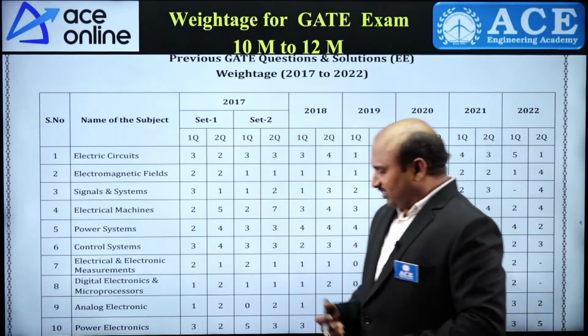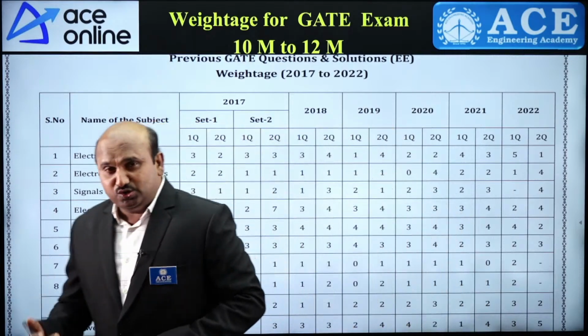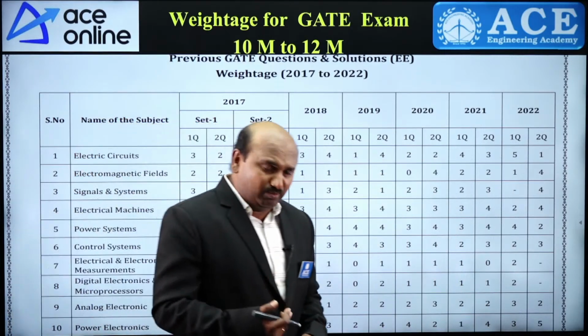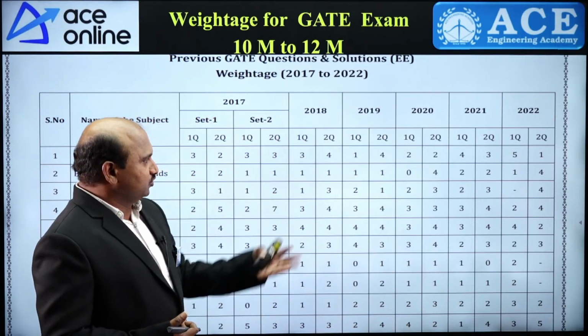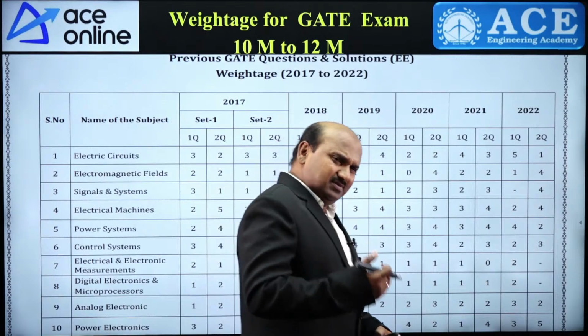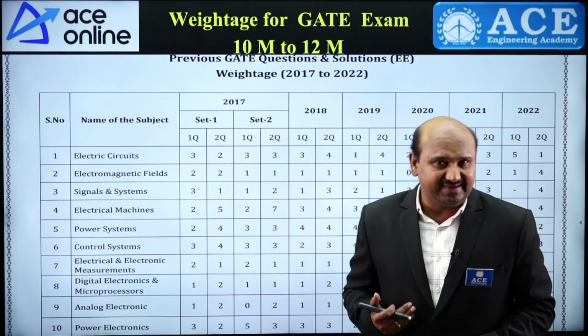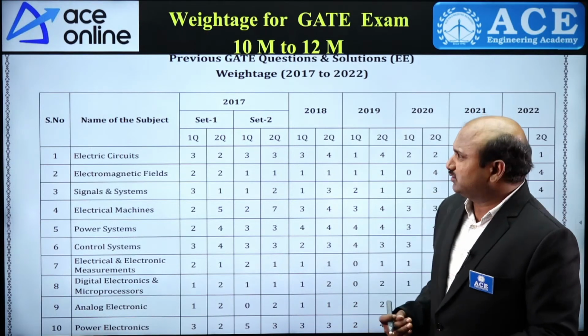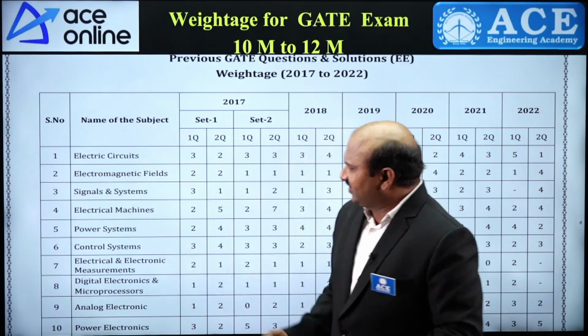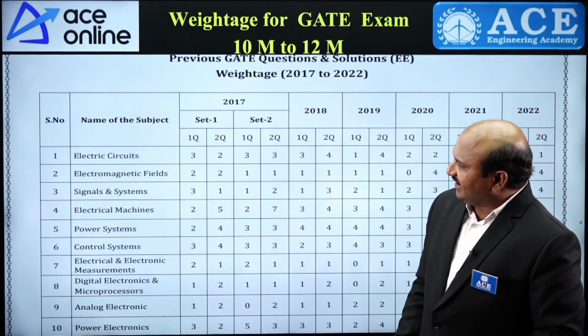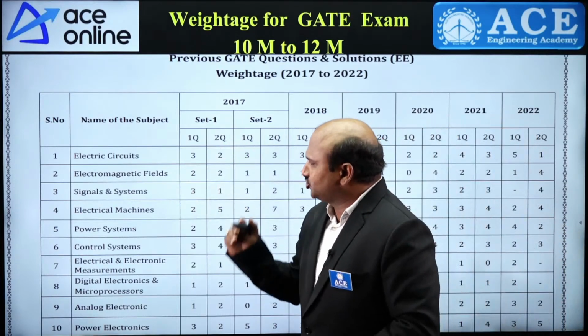First one is electrical engineering, where you are having nearly 10 to 12 marks. If you identify that, up to 2022 we have provided a minimum of 8 marks, 10 marks you may get, and sometimes 15 marks are also given in one year. This is all the data which we have for the 10 technical subjects under electrical engineering.